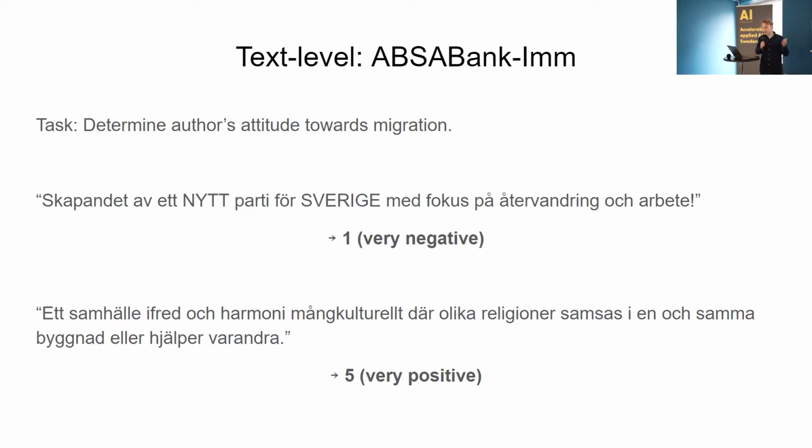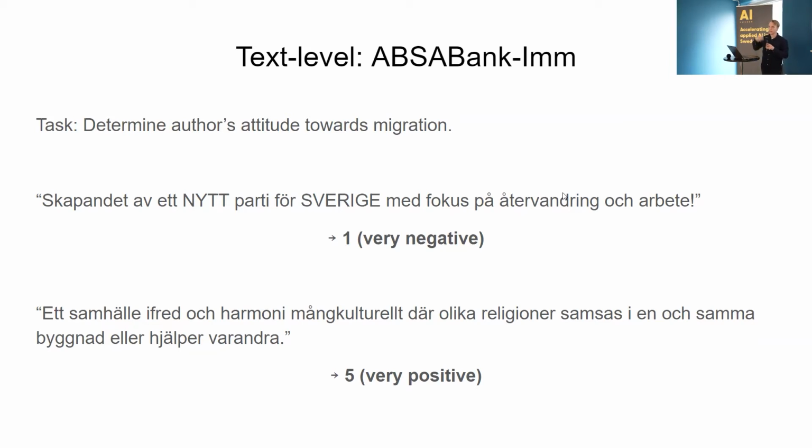And here, given a certain sentence, we want to determine what the attitude of the author of the sentence, or just the utterance in general, is towards migration. So for example, if we have this example here, where someone is mentioning that they need to create a new party for Sweden, which focuses on remigration and work.